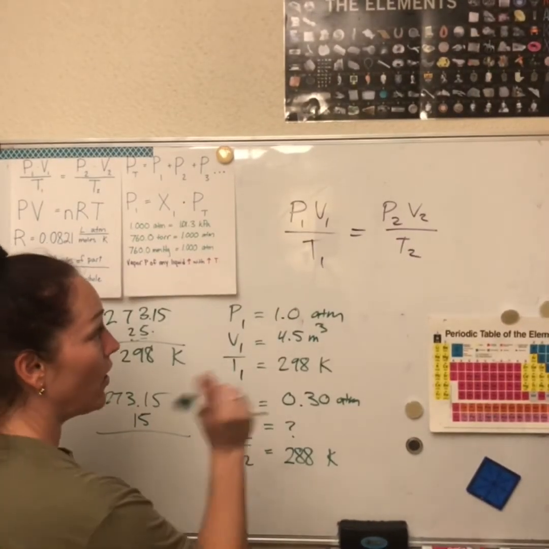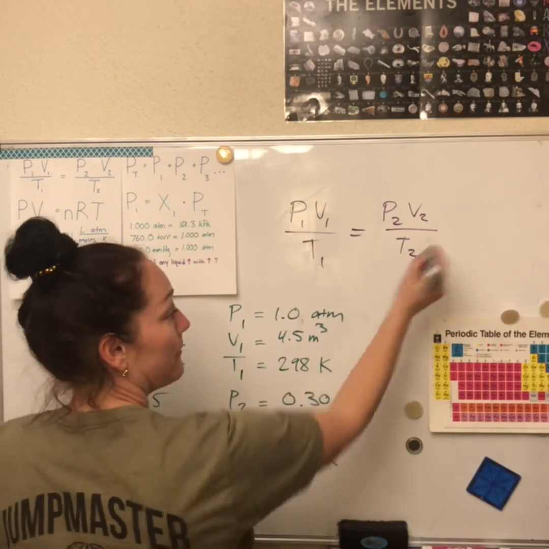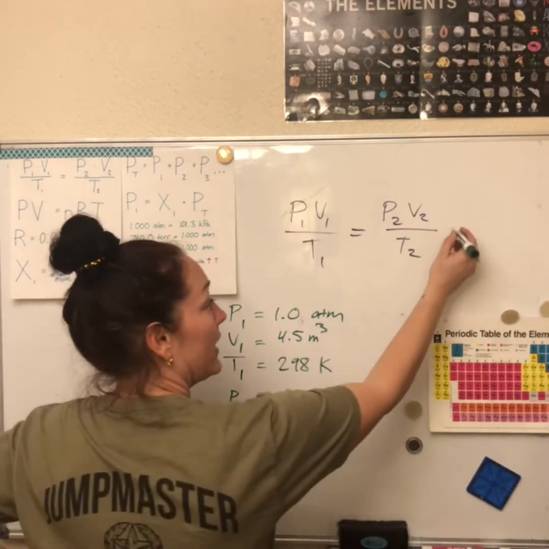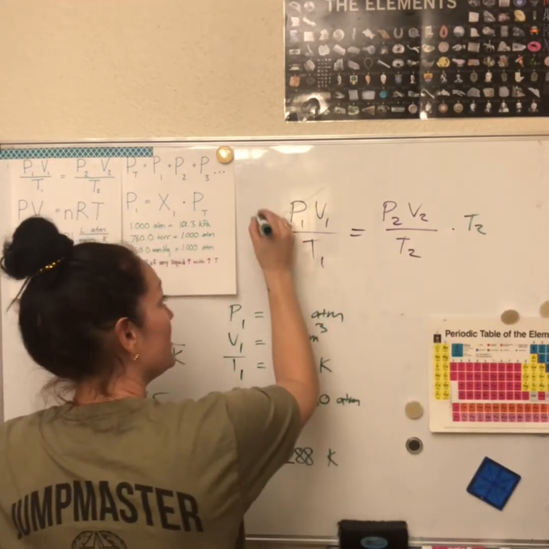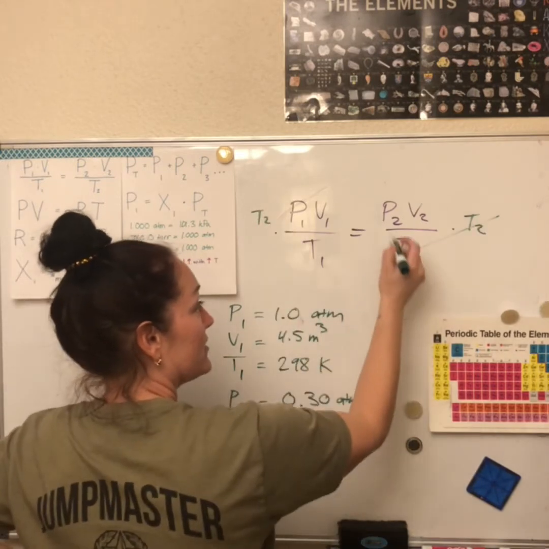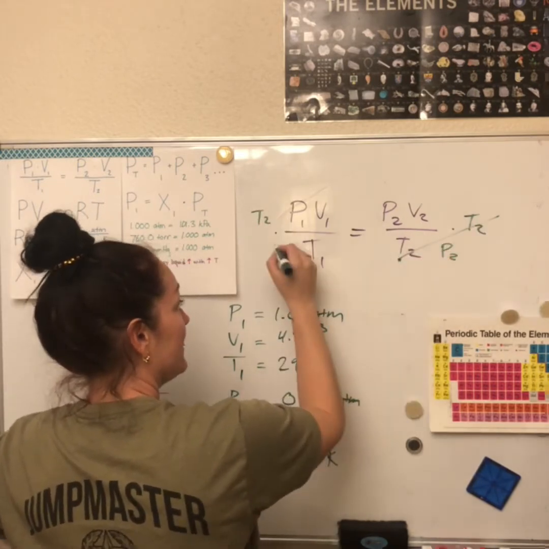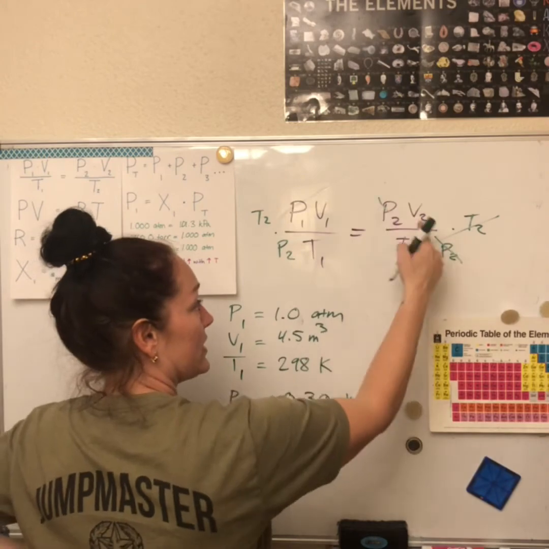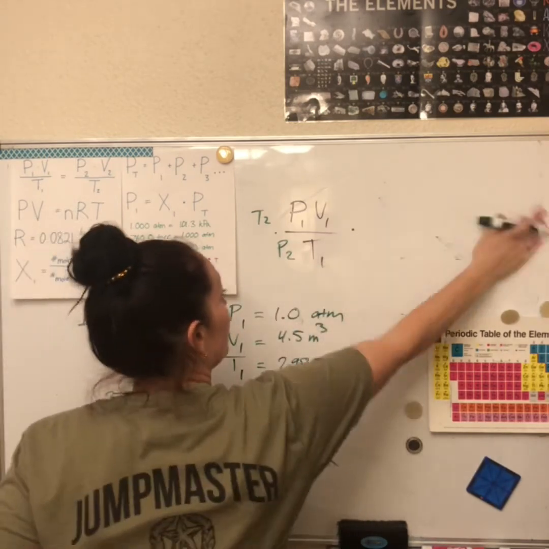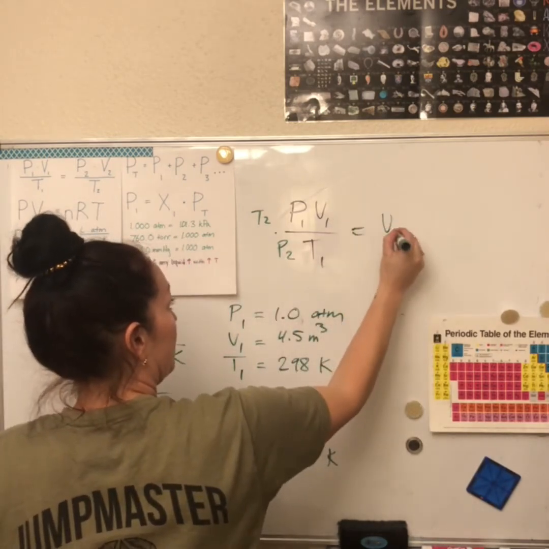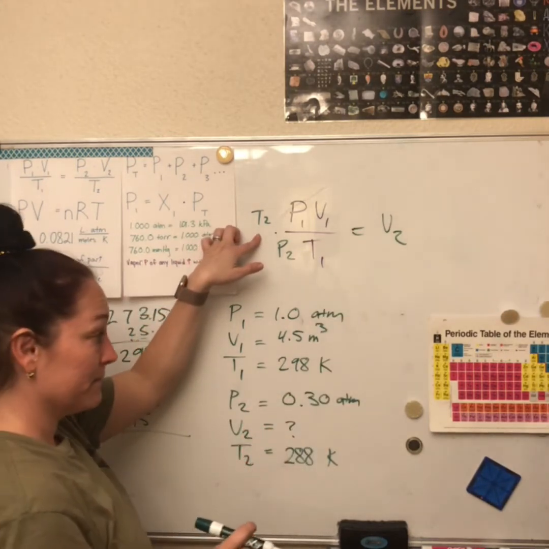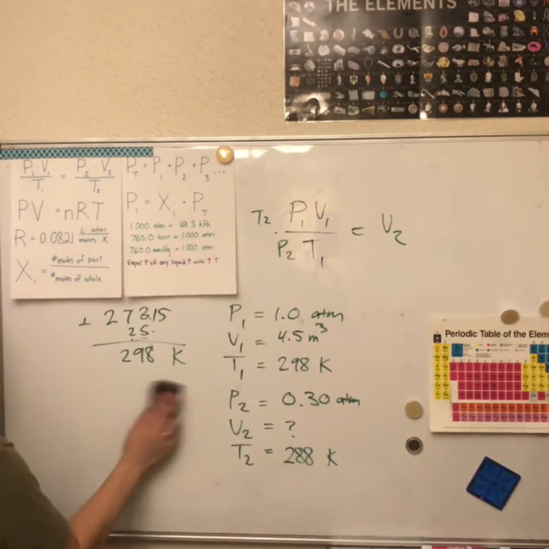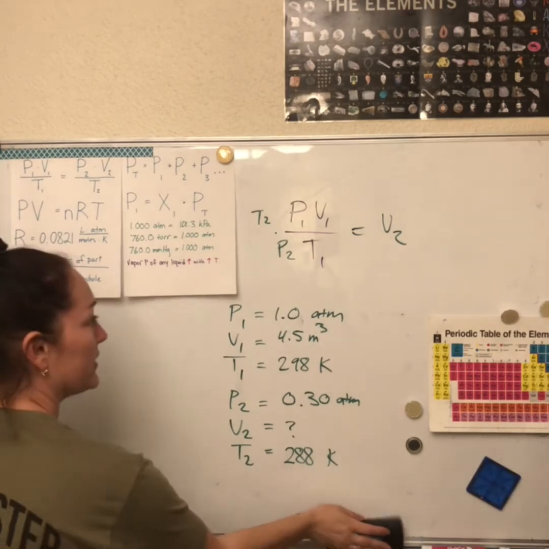I need to solve for volume, so I'm going to use algebra and move things around. If I divide by that, this cancels, and I'm left with this. So really, I just have to plug these things in. Let me do it over to this side so I have enough space.